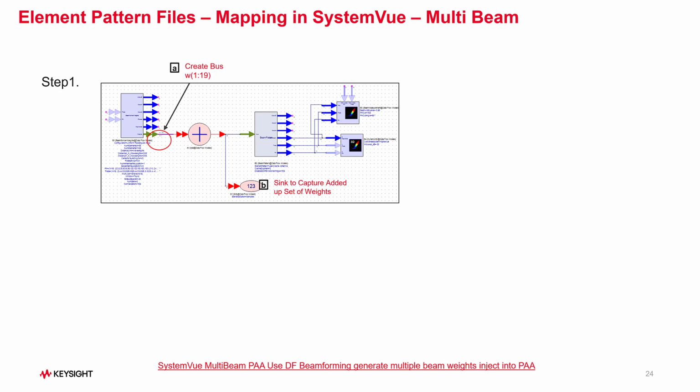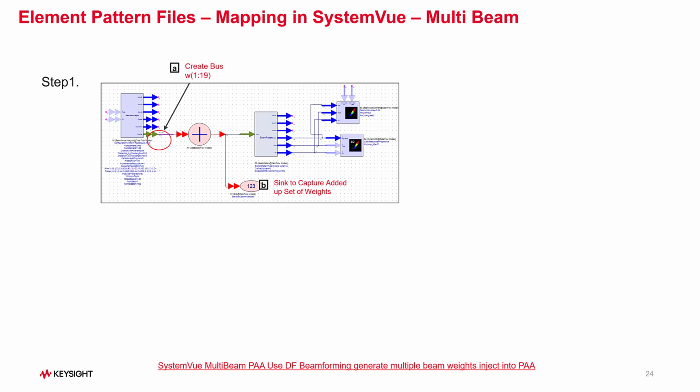Then we have to propagate all those 19 sets to the adder. The way we propagate them is by defining a bus wire. As you can see the notation, W is an arbitrary name. W of 1 colon 19 will have 19 wires, each wire propagating one set of the beam weights.